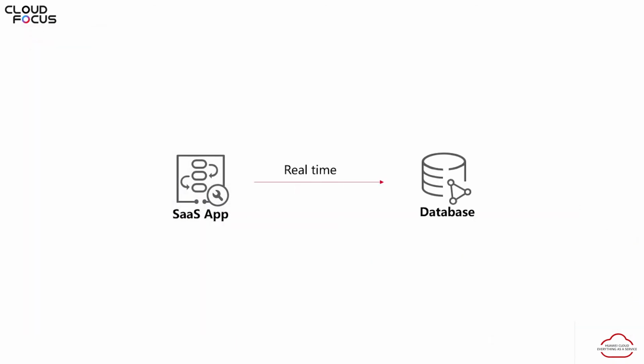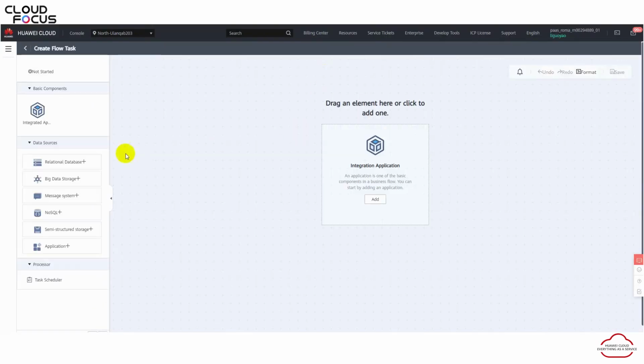The second scenario is data synchronization between a SaaS app to a local database. Now let's create a data integration task and select Kafka as data source and Oracle as data target.